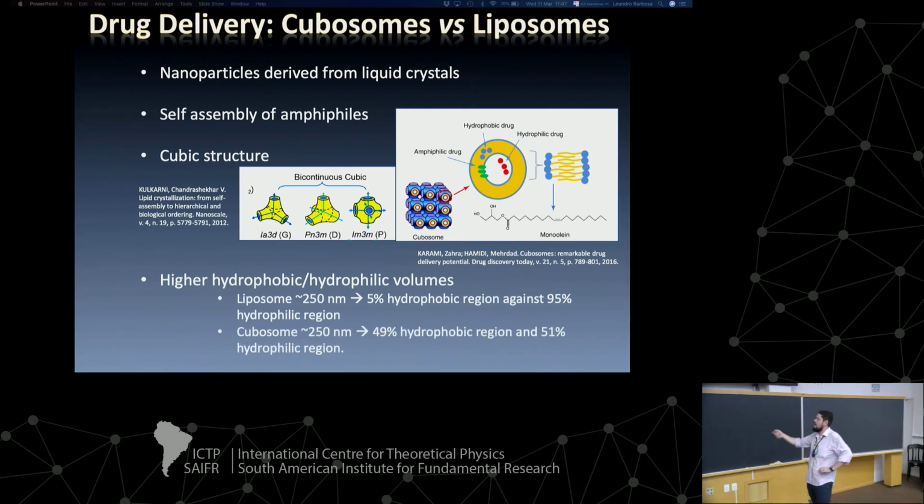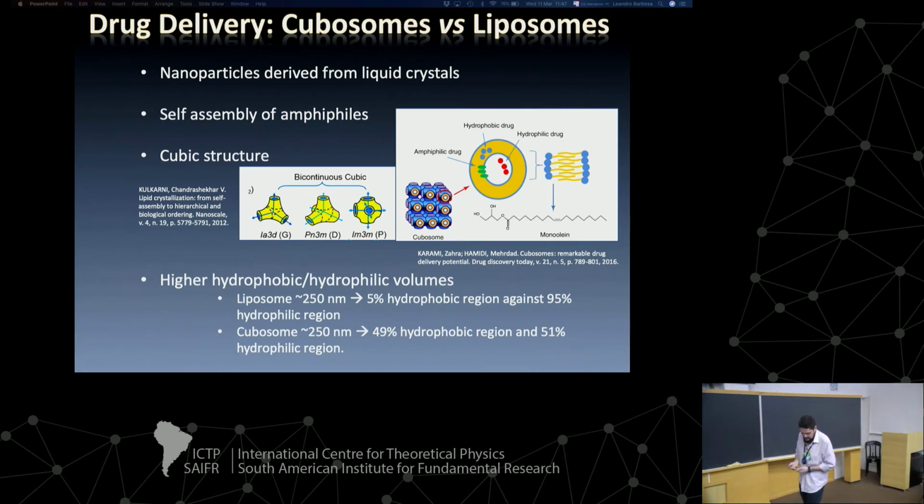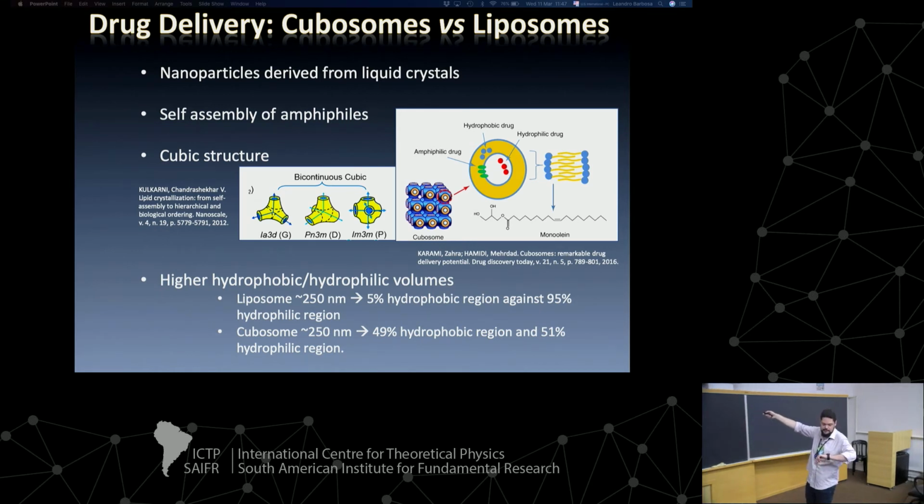For example, if you have a liposome, which has an inner part composed mostly of water, and this double layer, you have more or less 5% of hydrophobic region as compared to 95% of the hydrophilic region, which is the inner water pool that you have inside the liposome.